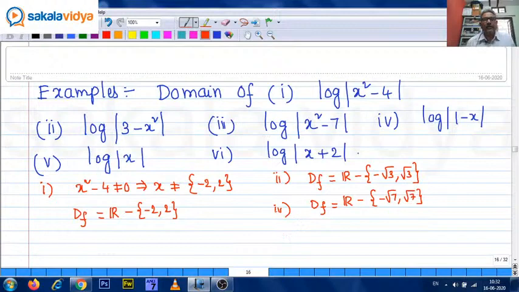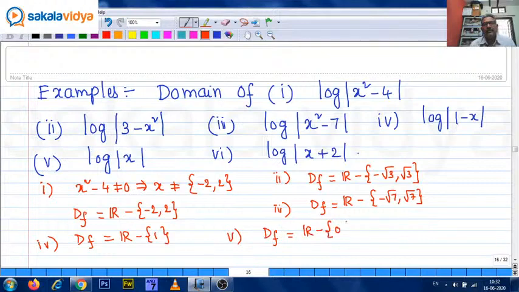Fourth one, 1 minus x not equal to 0 means x does not equal to 1, so R minus {1}. Fifth one, x does not equal to 0, domain is R minus {0}. Sixth one, domain of f is R minus {minus 2}. Correct? You can check your answers.